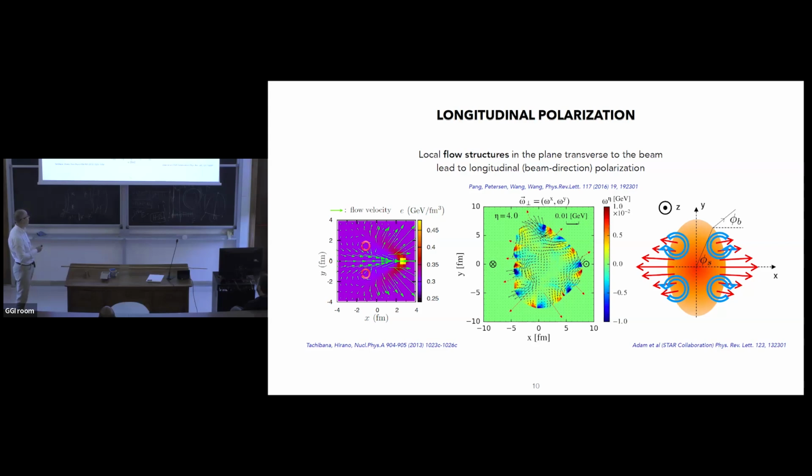Then you would expect that this vorticity pattern would also be visible in the experimental data. If you look along the z direction, we know very well that this probably is not really true. This is what is more real: you have some granular structure, and then these vorticities should be integrated over many collisions.